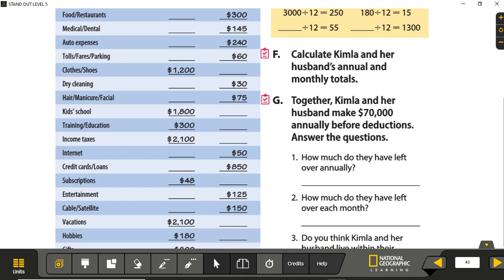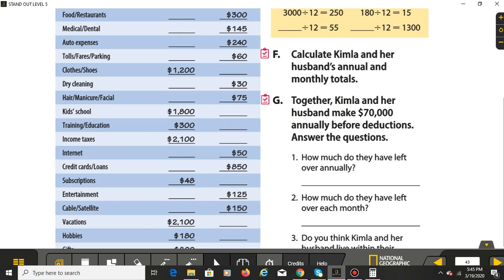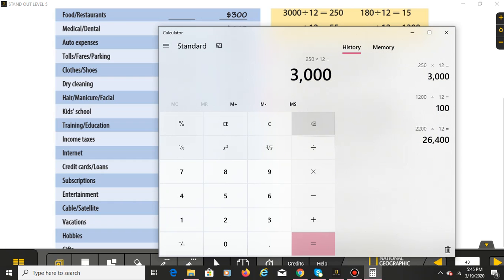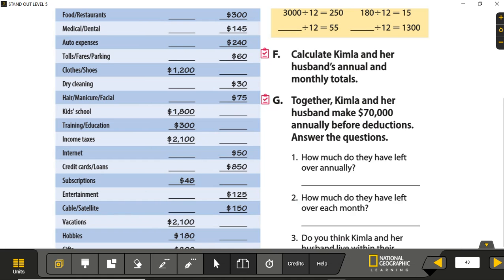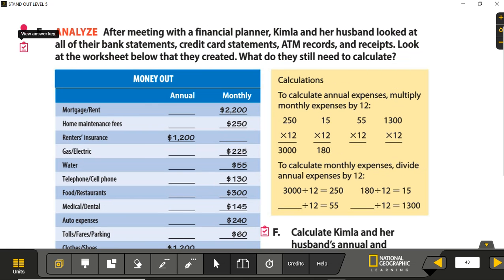Okay. Together, Camilla and her husband make $70,000 annually before deductions. Answer the questions. How much do they have left over annually? Okay. So, what we're going to do is we take $70,000 minus, take a look at this. What was the final amount?